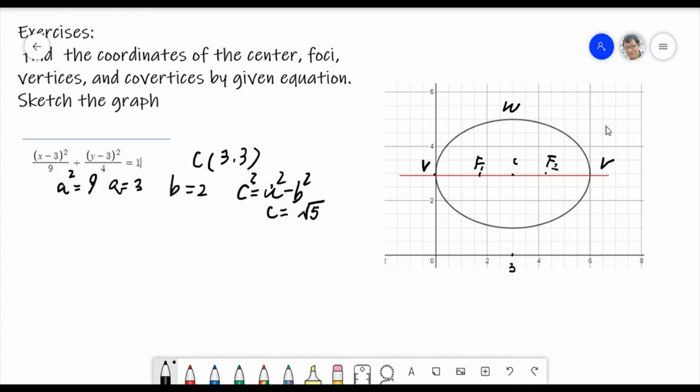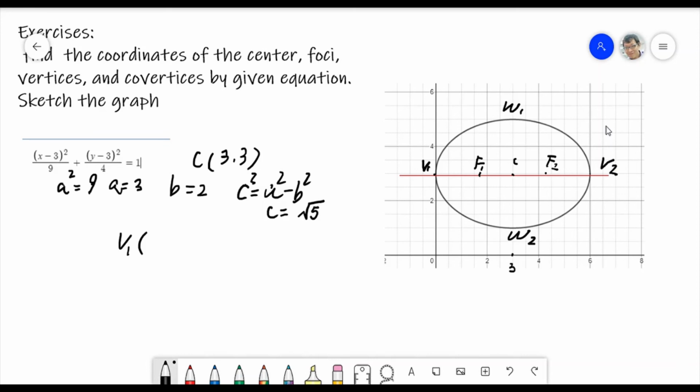Okay. So for the vertex, normally we write it as V. So here is V, vertex 1, vertex 2. Okay. So they ask for the vertex, we already got it. What is V1? V1 horizontal is 0 because the vertex goes from the center to 3, right?